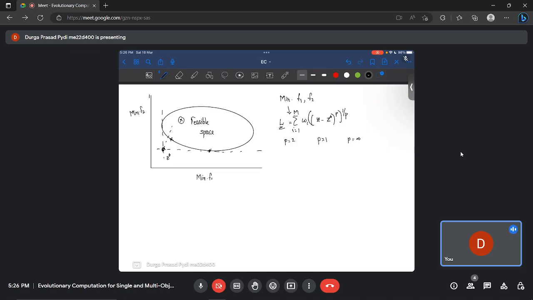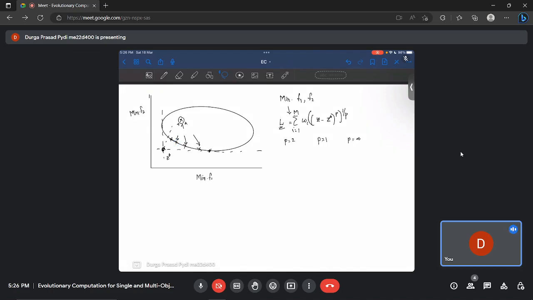When you have different solutions inside the region, you try to maximize the distance between any point and the point you have chosen. Since this point is inside the feasible region, if you maximize the distance from it, the solution will gradually move towards the Pareto front. That is Benson's method.